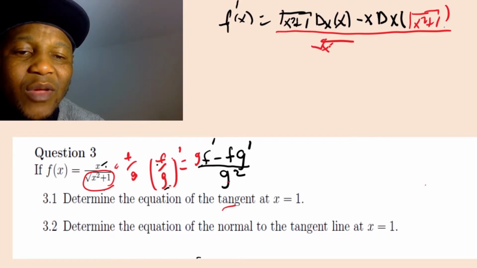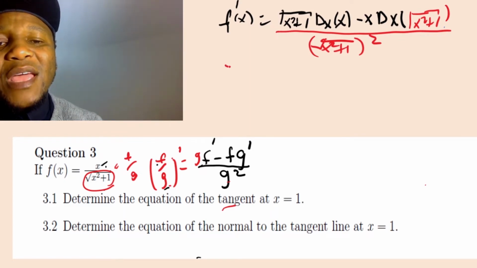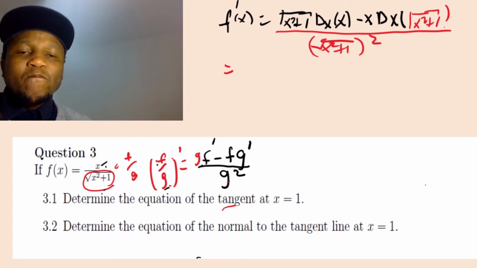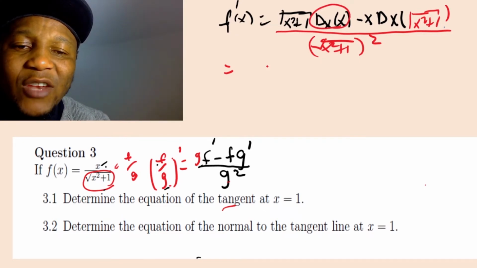Take this x squared plus 1 and square the denominator. Now when you differentiate x you get 1, so all of this times 1 is the same thing.